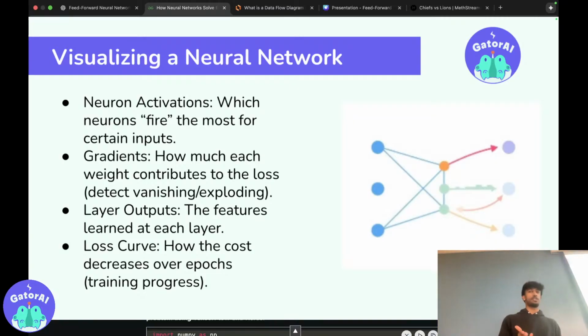But in feed-forward neural networks, you can track the gradient magnitudes to debug vanishing or exploding gradients. So why do you think visualization helps before deployment? Yeah, you can identify potential errors. Exactly. You can help catch bias, dead neurons, or misbehaving layers before your model goes live, because you do not want that to happen after.